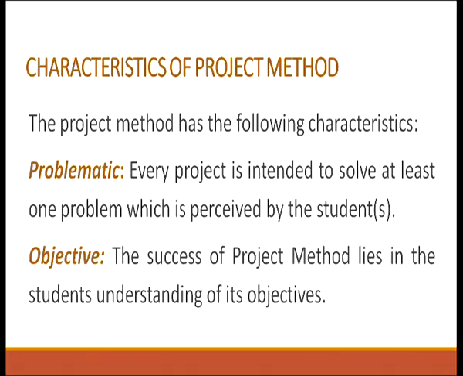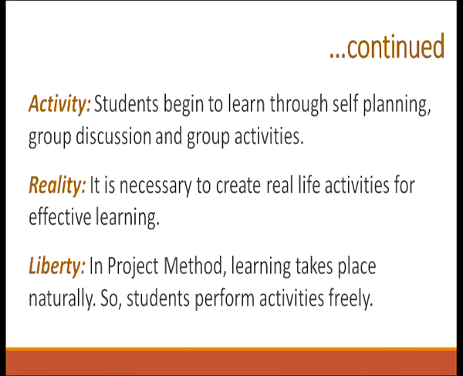The project method has different characteristics. First one is problematic. Every project is intended to solve at least one problem which is perceived by the students. Next, objective. The success of the project method lies in the students' understanding of its objective. Activity. Students begin to learn through self-planning, group discussion and group activities. Next characteristic of this method is reality.